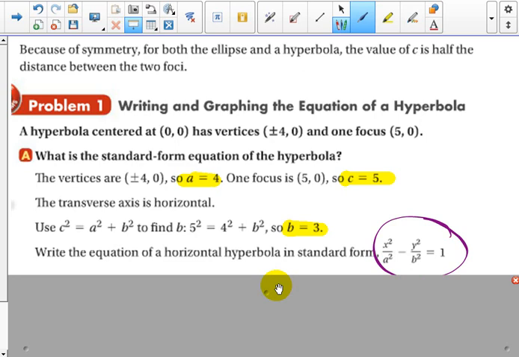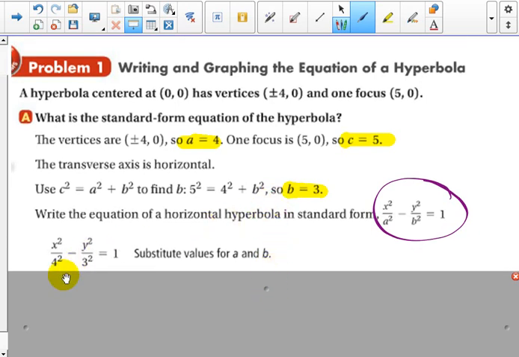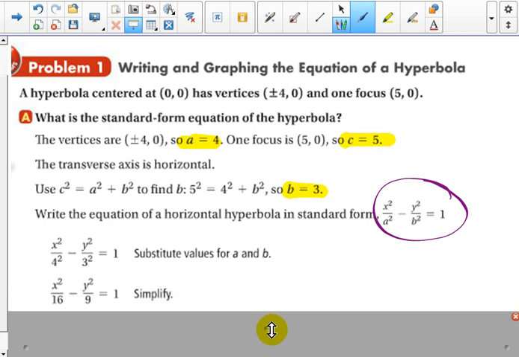So now replace your A's and B's, right? So A is 4, B is 3. So it's x squared over 4 squared minus y squared over 3 squared equal 1. So now simplify. So that's going to be x squared over 16 minus y squared over 9 equal 1.